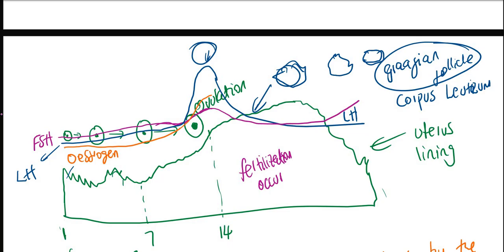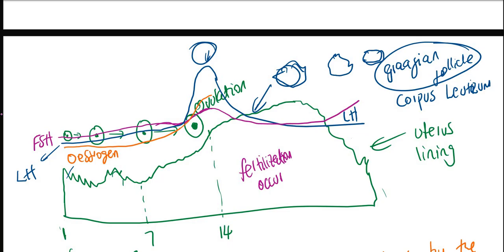So the body is saying that we have high chances of fertilization occurring. But then once we find out that no, there was no egg, and the lining of the uterus starts to decrease like this because of menstruation, then FSH is gonna start to increase again, because now we need other primary follicles to grow to graphene follicles.